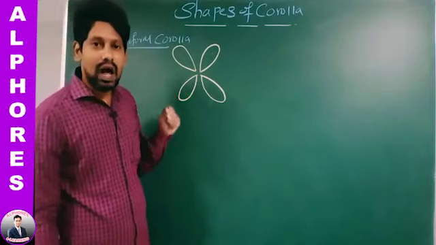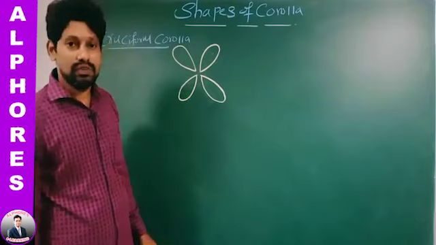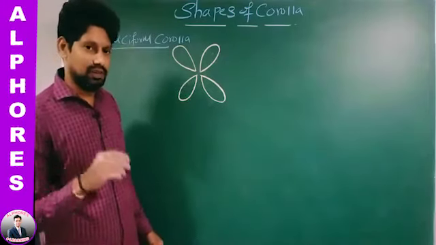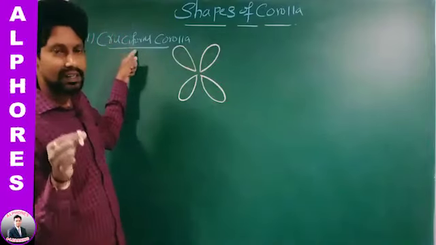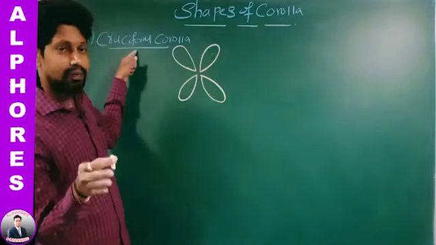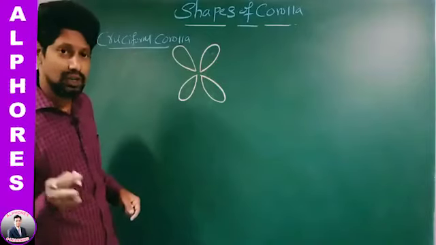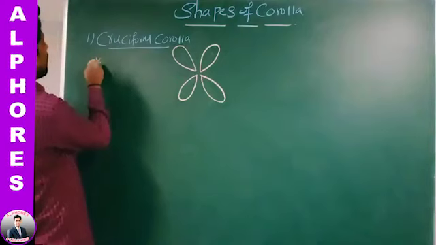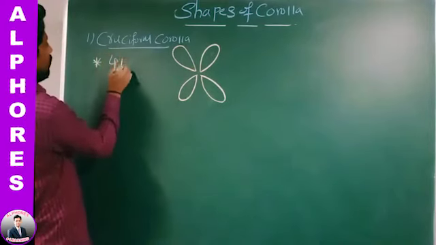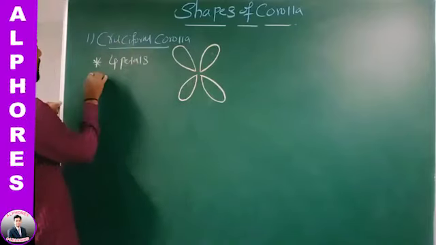This corolla shows which symmetry? Actinomorphic symmetry. Strictly speaking, this cruciform corolla is present in a flower which shows actinomorphic symmetry. How many petals? Four petals. Free or fused?